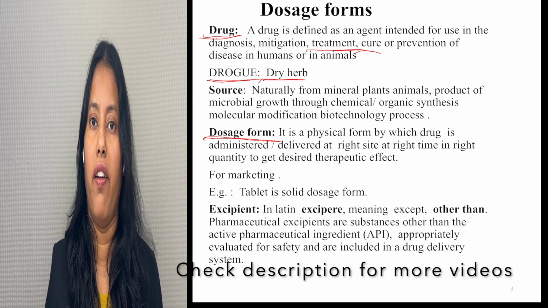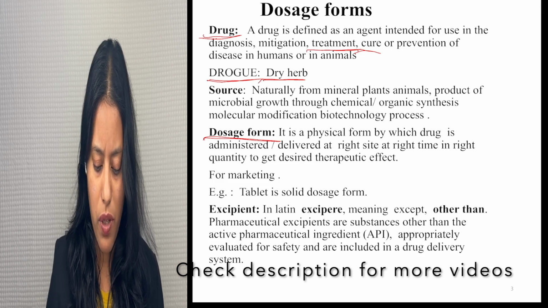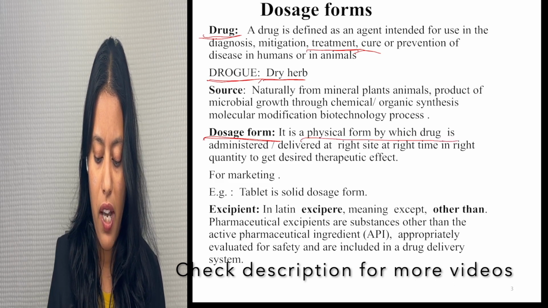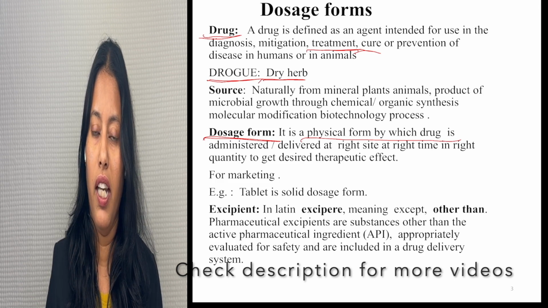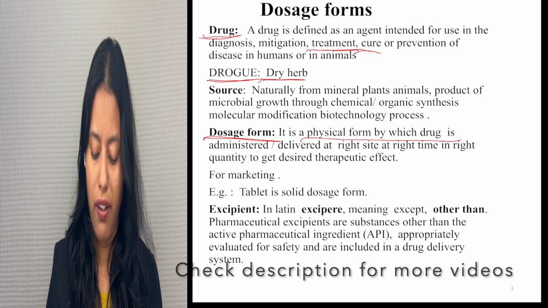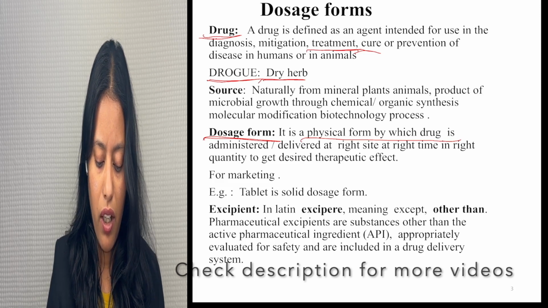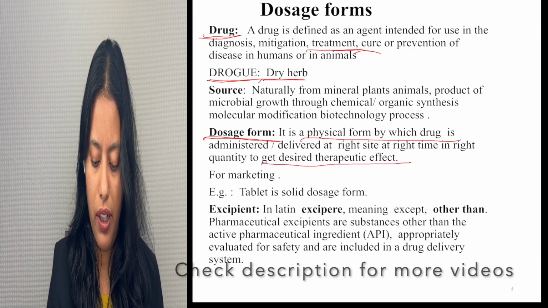As per the definition, a dosage form is the physical form by which the drug is given in the right quantity, at the right time, in the right way, to get the desired therapeutic effect.